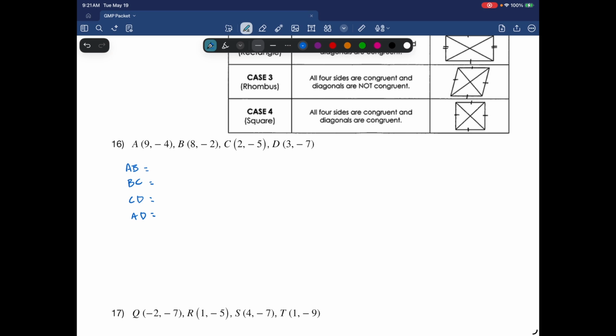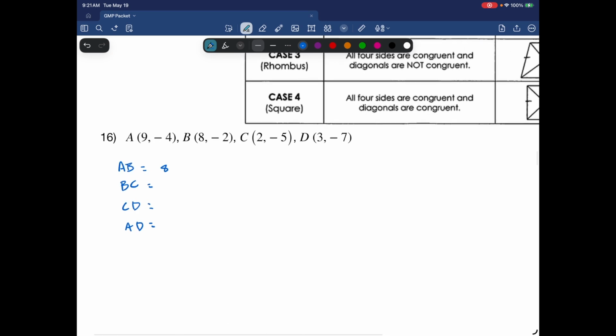So I have 8 minus 9 squared plus -2 minus -4 squared. And using my calculator, I find that to be square root of 5. On BC, I have 2 minus 8 squared plus -5 minus -2 squared. And if I use my calculator, I get square root of 45.